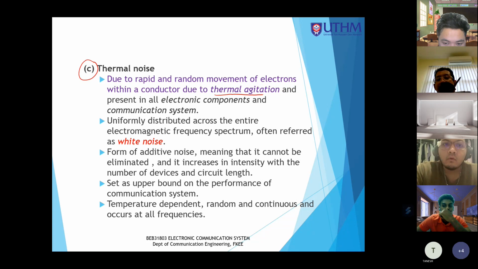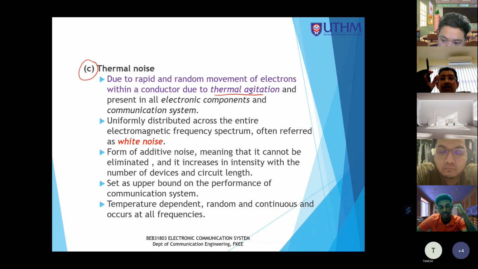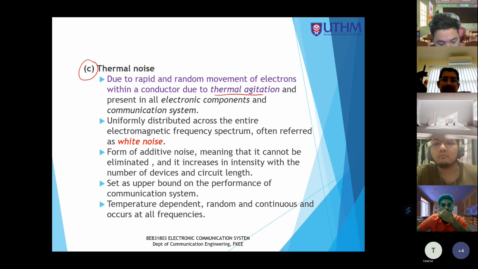Okay, so noise ini adalah disebabkan oleh random rapid movement dalam device disebabkan oleh perubahan suhu dan ia wujud dalam electronic component pada setiap masa. Okay, so this thermal noise always happen inside the electronic device.